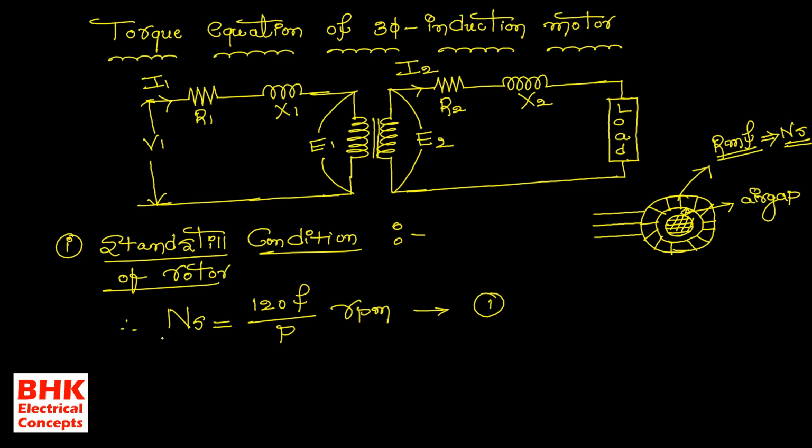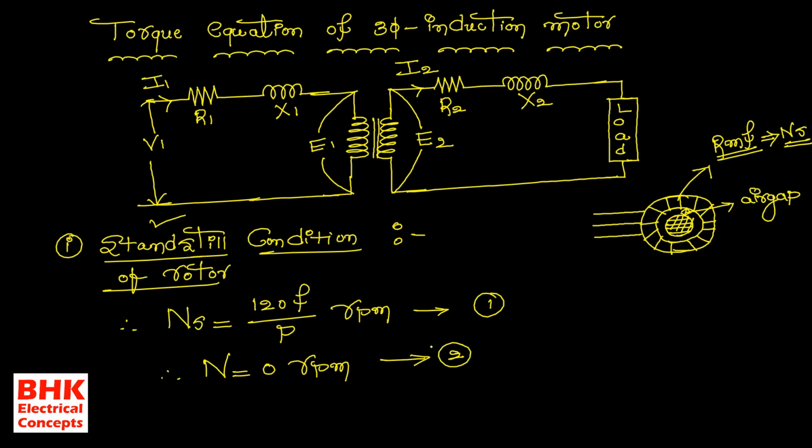Standstill condition means the speed of the rotor is 0. For example, N represents the speed of a rotor, and under standstill condition the speed of this rotor is 0. I assume this is equation number 2.